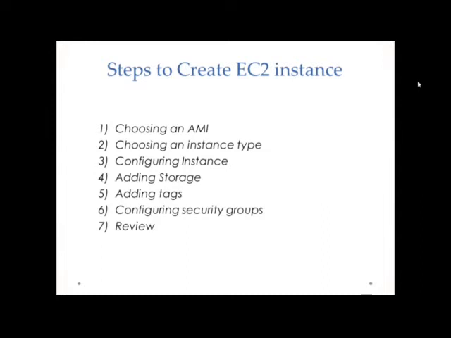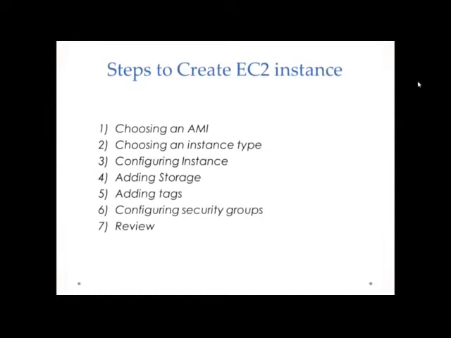Now it's time to add additional storage to the EC2 instance. That would be step 4. Here we add additional storage to the EC2 instance. And then tags. We configure tags to easily identify an EC2 instance at a later point.